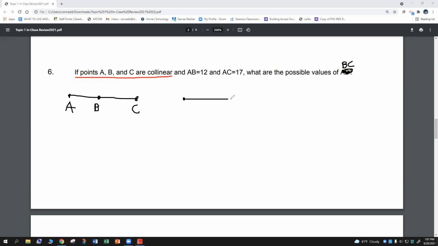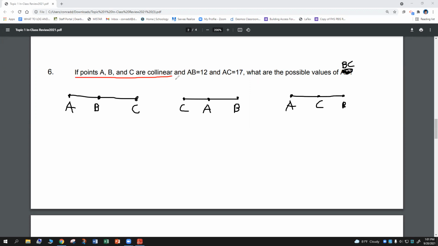Okay, we could also have a diagram where A is in the middle, so C, A, B. Or we could have a diagram with C in the middle. So we could do A, C, and then B. So we have to check out each scenario and see what we would get for BC.